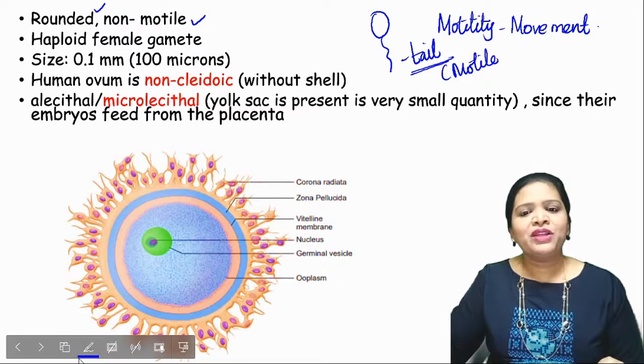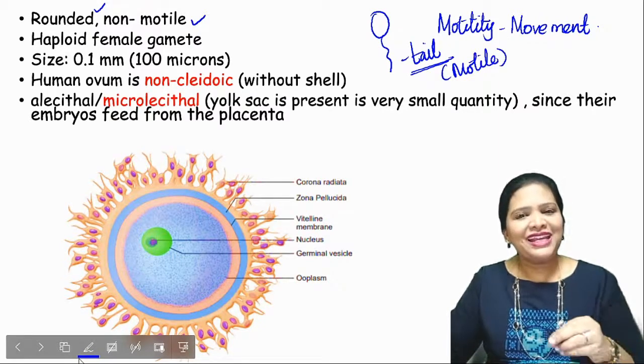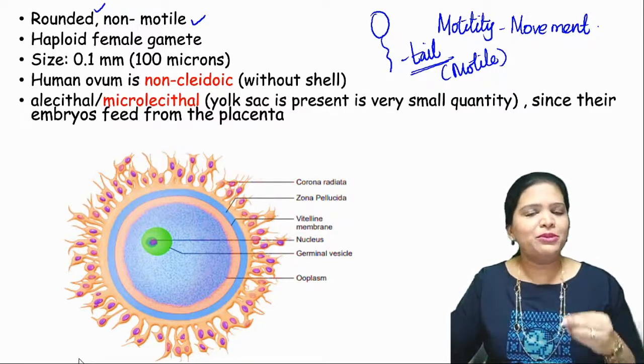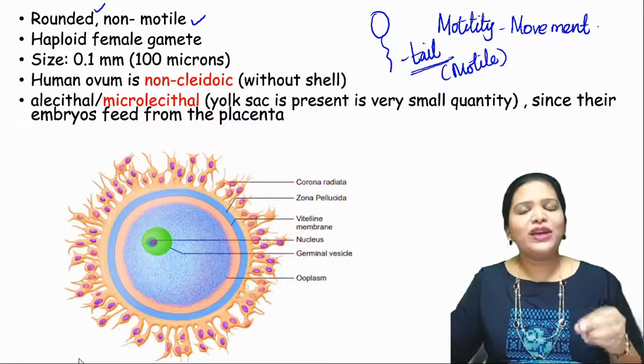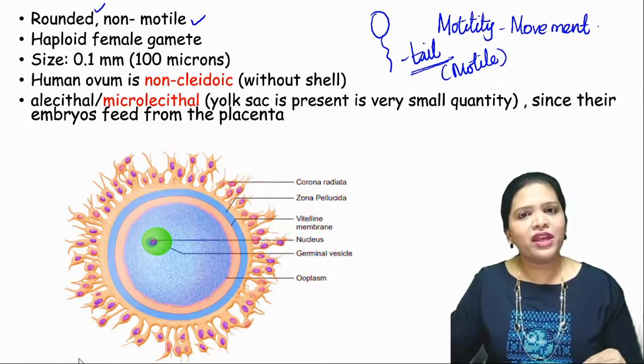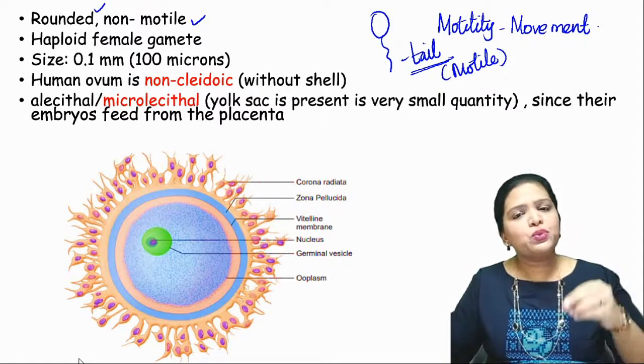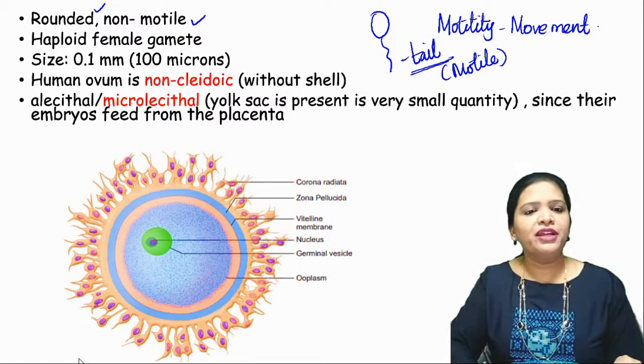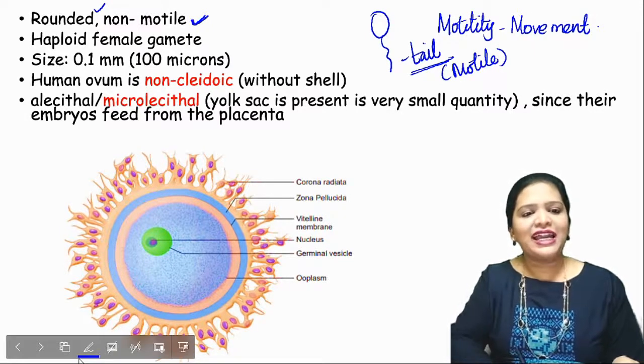Hence, the male gamete is motile, whereas the ova or the female gamete is non-motile because it has no tail. So it stays in its position while the sperm swims and reaches the ovum or the egg cell. Okay, fine. So it is non-motile and haploid in nature.